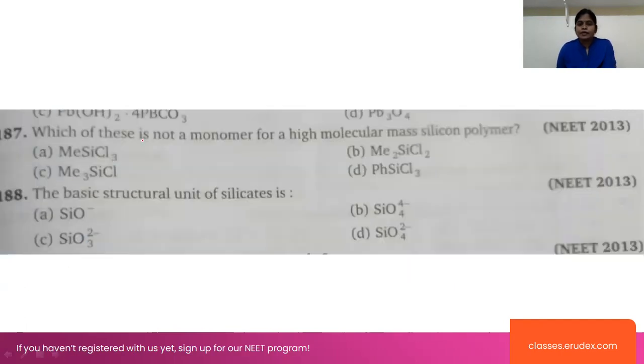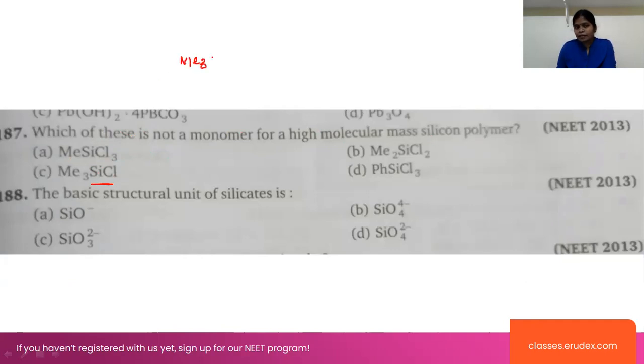Now coming to the next one, which of these is not a monomer for the high molecular mass of the silicon polymer? In this case, look, we are taking methyltrichlorosilane. This will undergo hydrolysis, then that will give you the polymer here. But in this case, only one chlorosilane is there.